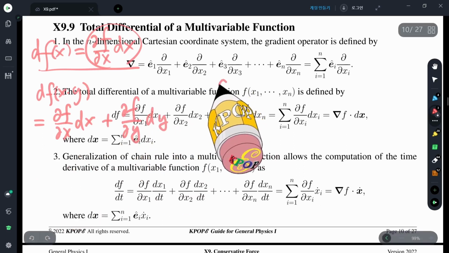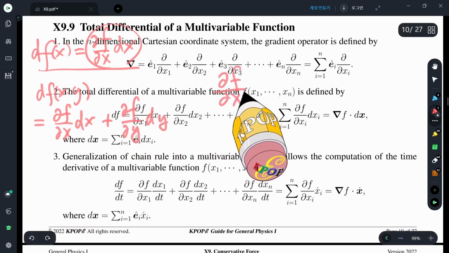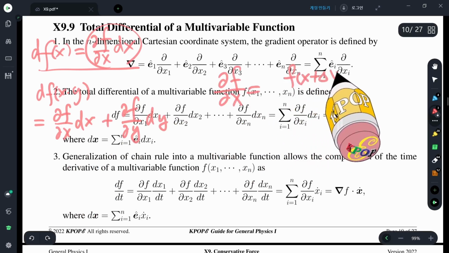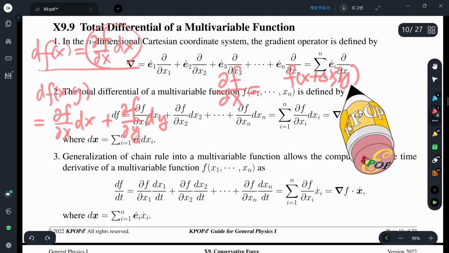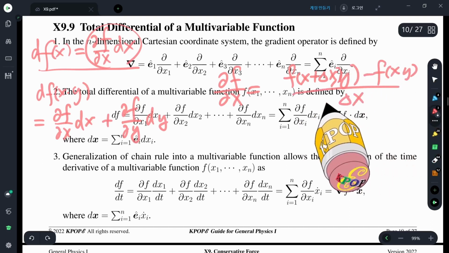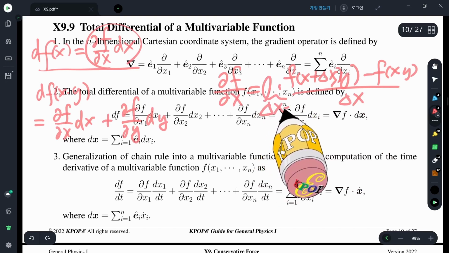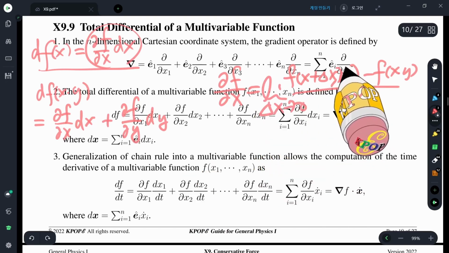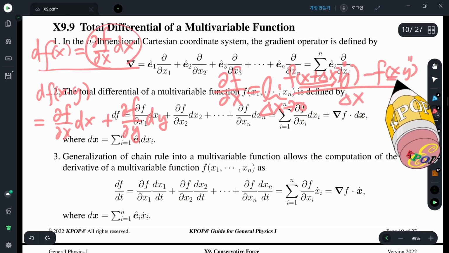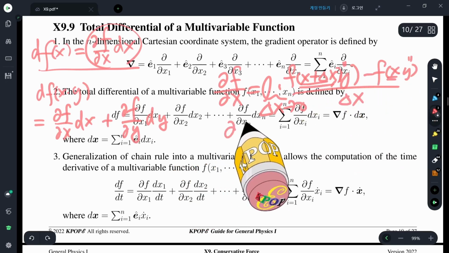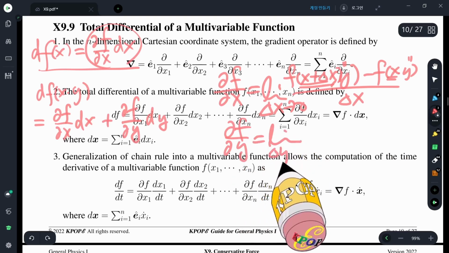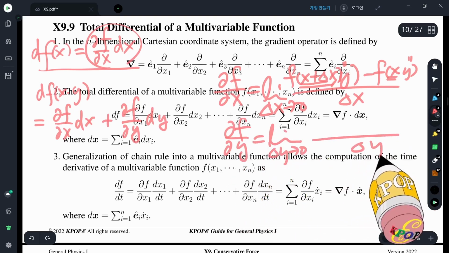Here, the partial derivative with respect to x means f of x plus delta x, comma y, minus f of x y, divided by delta x, in the limit delta x goes to 0. That means keep y invariant, only vary x. For y, the partial derivative is the limit as delta y goes to 0, divided by delta y.